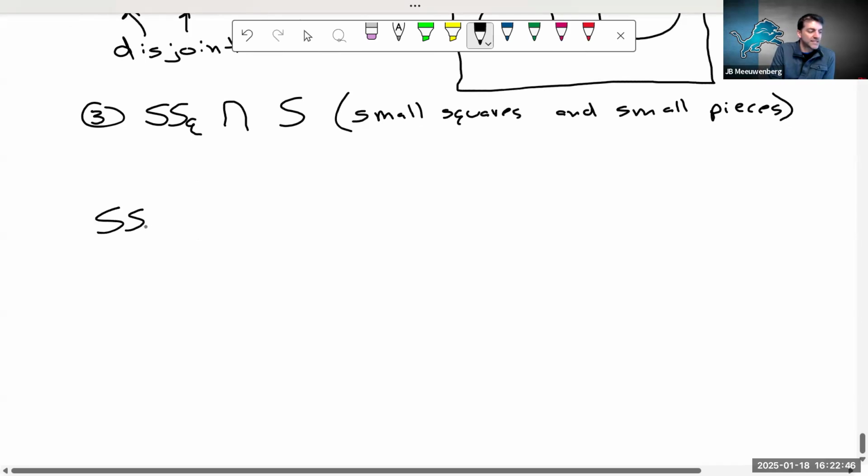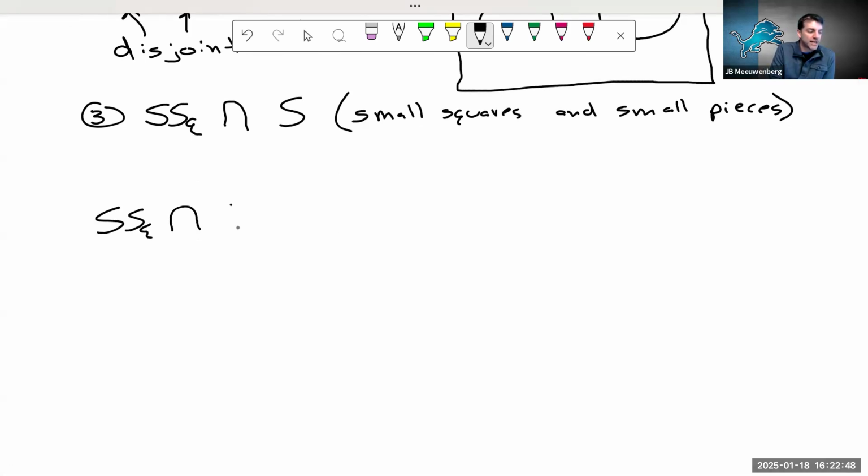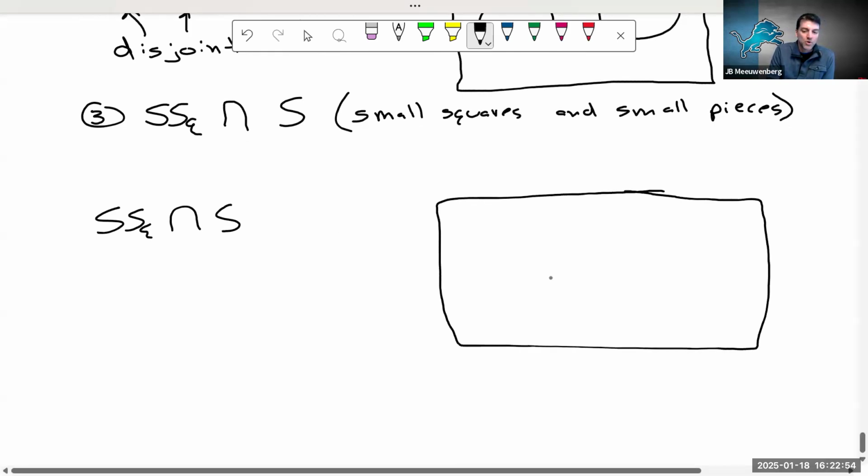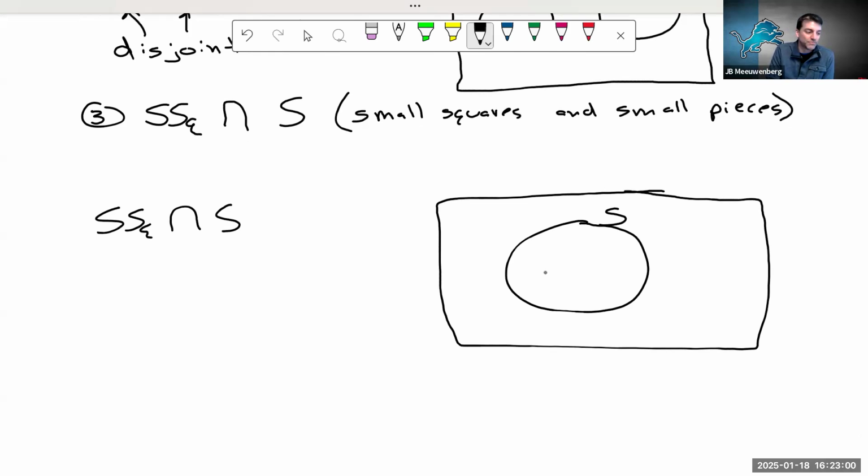We are looking for SQ intersect S. When you sketch this out, what you probably found was that if all your small pieces are inside that circle, all of your small squares are a subset of S. They all exist in here.